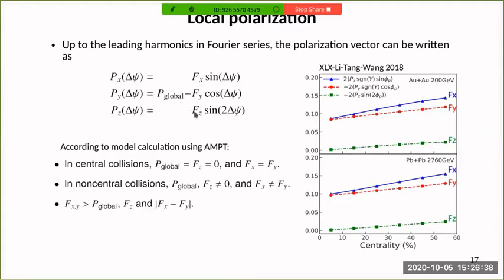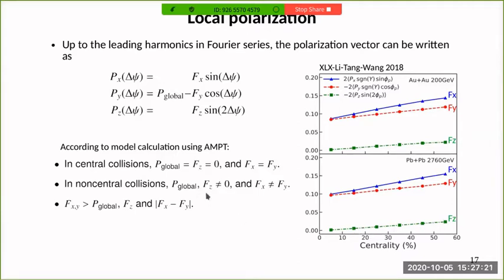You can see from this picture, in central collisions, the global polarization and F_z, which is from v2, are 0. In the most central collisions, F_x and F_y are equal because there is a rotational symmetry around the z direction. So F_x and F_y should be equal. In non-central collisions, we know the global polarization is not 0, and the longitudinal local polarization F_z is not 0 too.